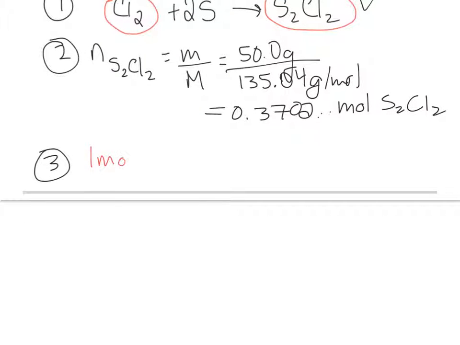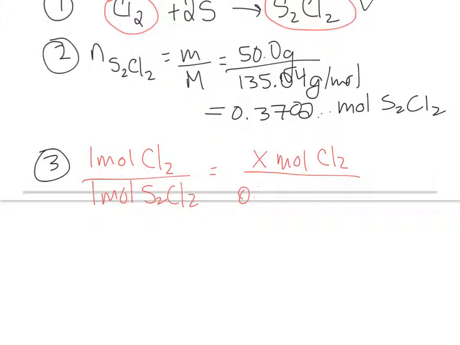So 1 mole of Cl2 produces 1 mole of S2Cl2. We're trying to find the number of moles of Cl2, and we're given 0.3702 moles of S2Cl2. Okay.